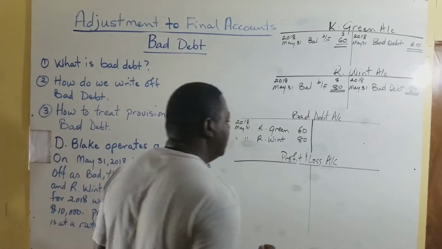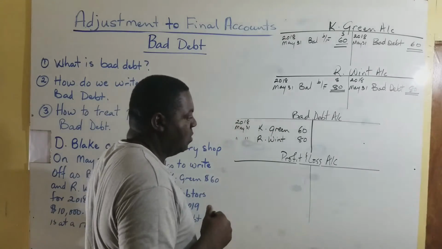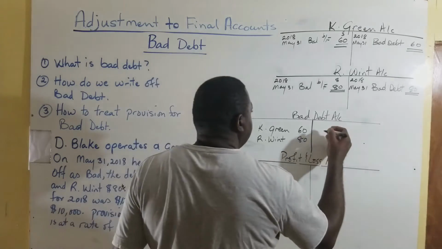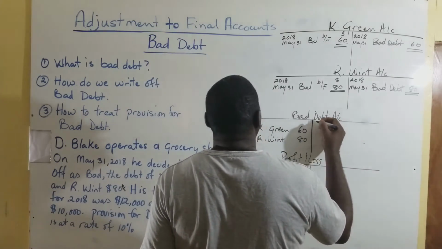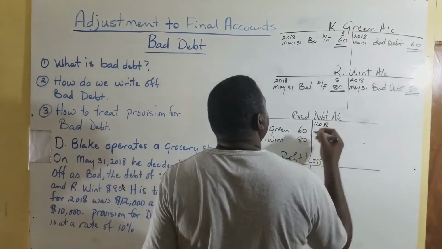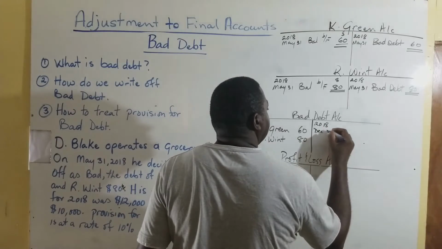So if we're using the income profit and loss in the form of a T account, then we're going to be crediting the bad debt account. Let us say it's now 2018, and the end of the financial year would have been December 31st.